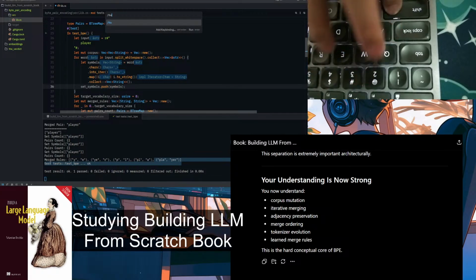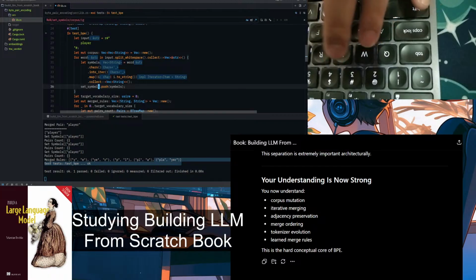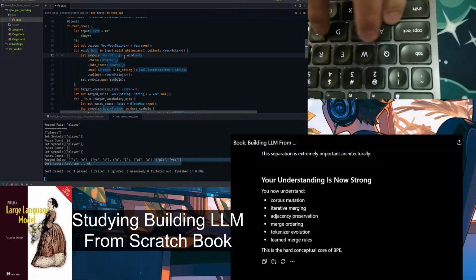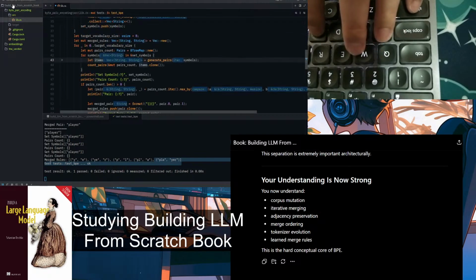I forgot how to replace. I've gotten rusty with Vim. How do I do replace here?